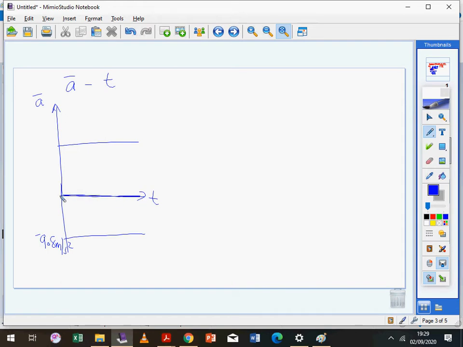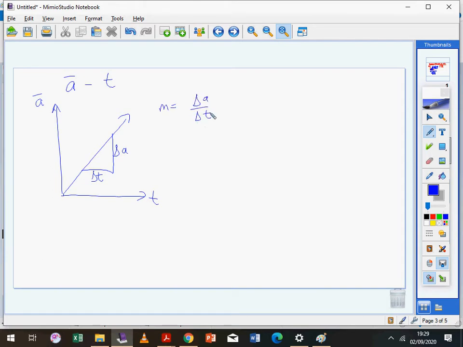You won't have any slope or anything like that. But let's go with the idea that if we had an acceleration time graph with a slope, this would be change in acceleration over change in time.